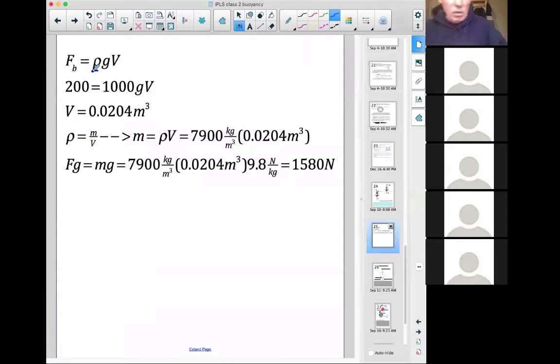Right. It's 1,000. Okay, thank you. Yep. So with this equation, we need to know what the rho means and what the V means. The rho always means the density of the displaced fluid. And the V here is the displacement, the amount of the object that's submerged in the liquid. Okay, thank you very much. Yep, my pleasure.